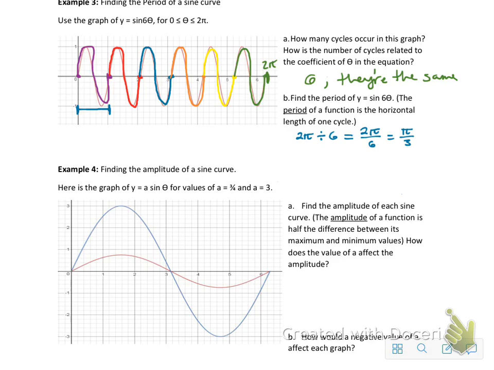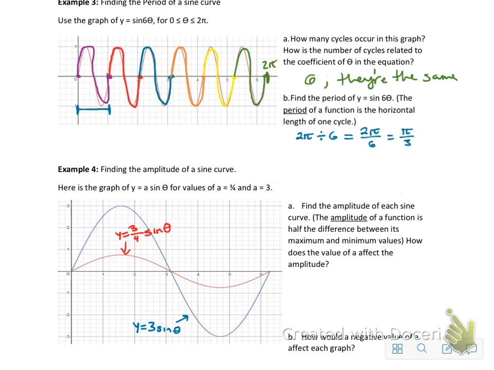Now the next problem is asking us to find the amplitude. Now the amplitude is half the distance between its maximum and minimum values. So if we look at this red function, the red function is y equals 3/4 sine theta. And the blue function is y equals 3 sine theta. And you'll see that there's a relationship here.